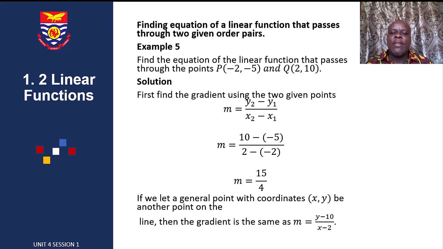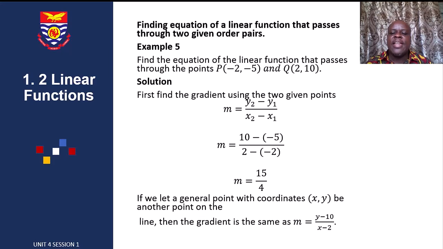So we substitute those values into the formula. So y2 we have 10, then minus y1 which is negative 5, over x2 we have 2 minus x1 which is negative 2. When you simplify, the numerator becomes 15 and the denominator becomes 4. So that is one gradient. Then what we will do is that we will consider an arbitrary point on the line and name it x, y. And then we will find the gradient of that arbitrary point and one of the given points.